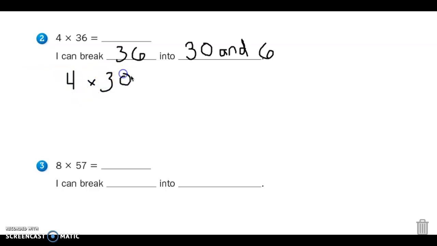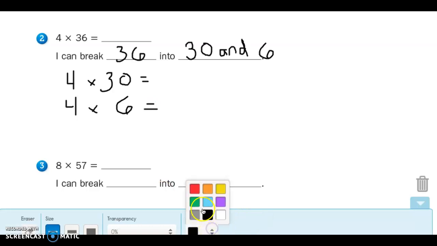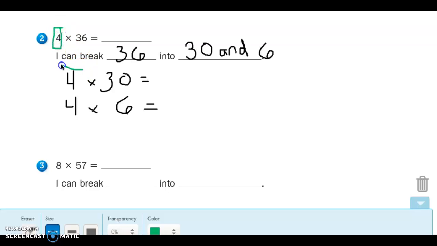We are showing our work because we want to make sure we can double check our answers. As you can see, I left one of my factors the exact same. So I left 4, and that's why we are multiplying all of them by 4. I broke apart 36 into 30 and 6 because together they equal 36. All right, we decomposed them, we split them.